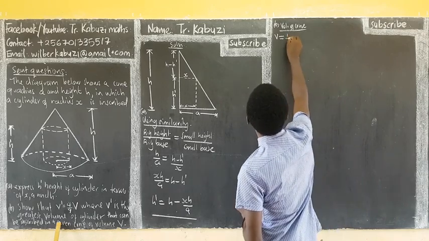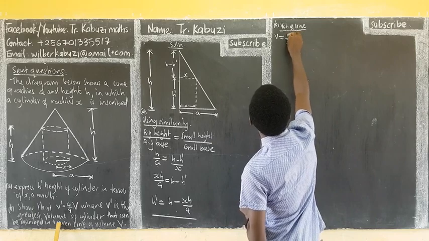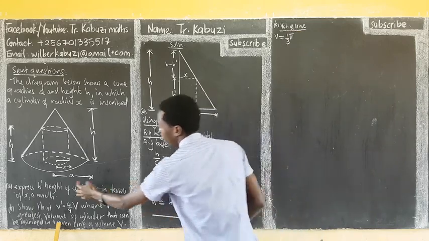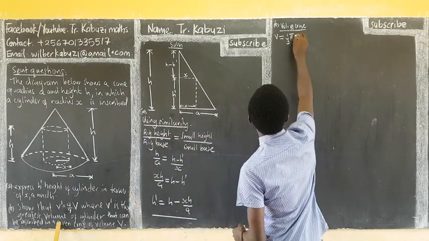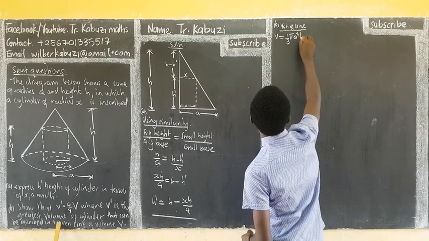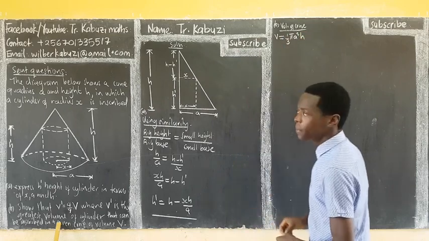So it's a third pi, now the radius of the cone, which is a, squared. Then the height of that cone is h. This is the volume of the cone.